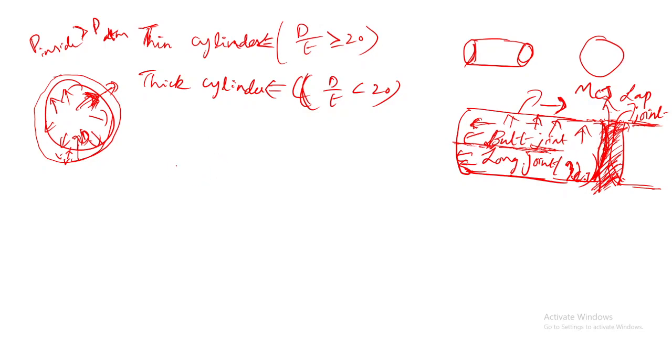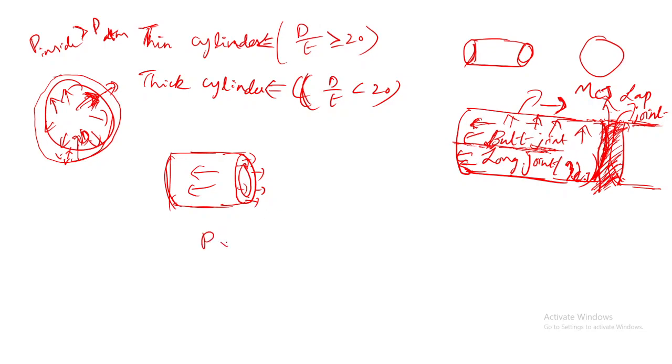So I will take a section of this. Towards this the pressure is acting, and you will have a resisting force only with this area. This is along the longitudinal direction. Along the longitudinal direction, pressure is acting towards this direction, and you have resisting forces towards this direction.